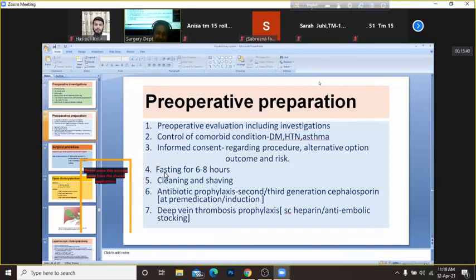Here one point you have to remember: we know that cholecystectomy can be done by the standard open procedure and the laparoscopic procedure.